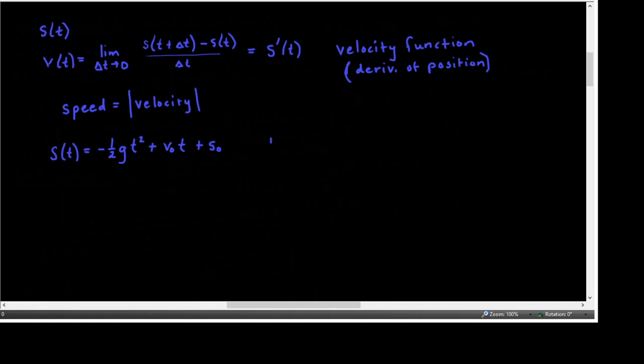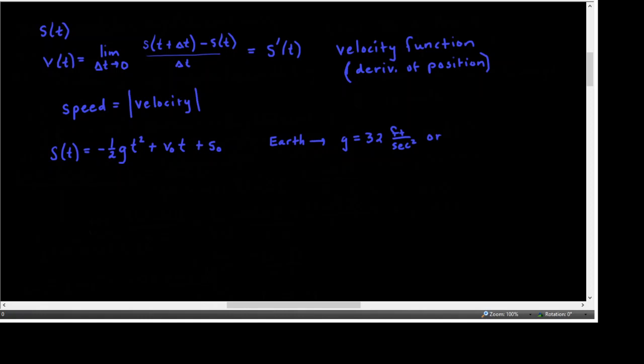Now, on Earth, the value of that constant might be different at different places, like high on a mountain or way down low. But we're going to say that on Earth, g will be approximately 32 feet per second per second, or feet per second squared, if you're using feet and seconds as your units of measure.